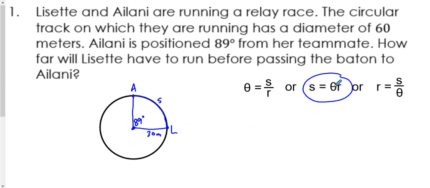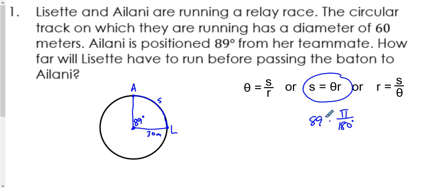That means we got to take theta and multiply it times the radius. Now, remember, she's not going to run in degrees. We want to know how far this is. So we need to take this 89 degrees and convert it into radians. So this is going to be 89 degrees times pi over 180.